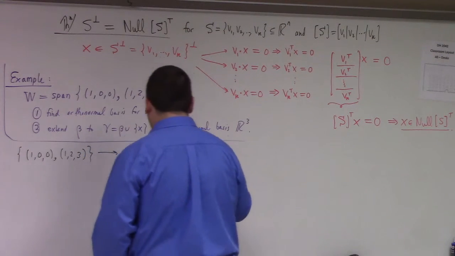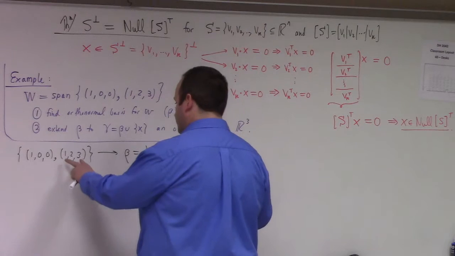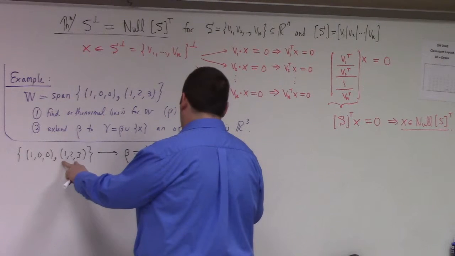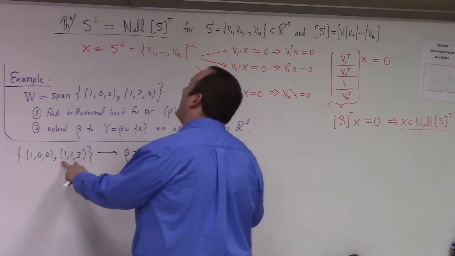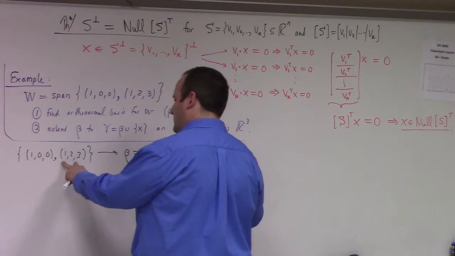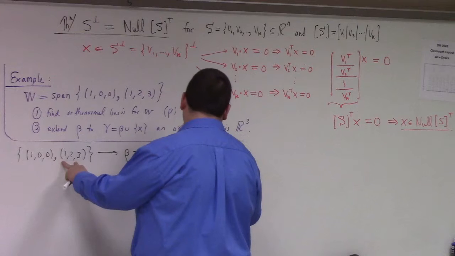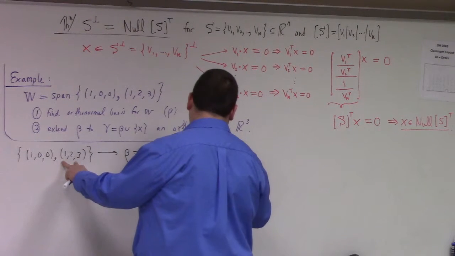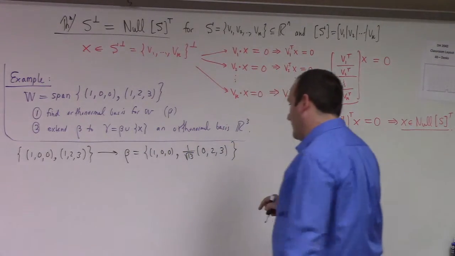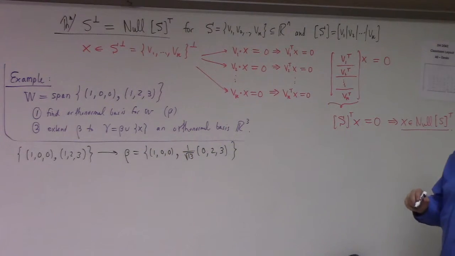The second vector, all I do is 1 over the square root of 13, of (0, 2, 3). 9 plus 4 is 13. These are orthogonal, and they're normalized.